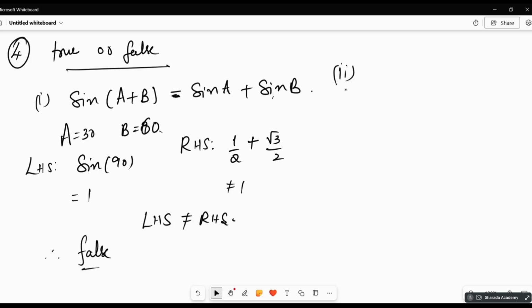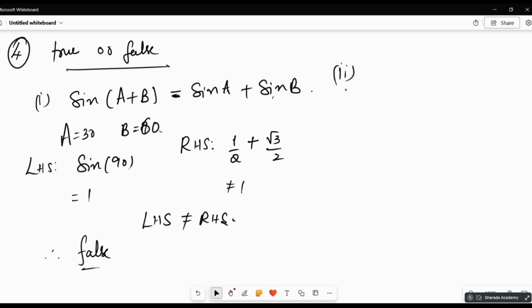True. Why is it true? What are we doing? We are doing some other subject. I have no idea. Lakshit, what will be the answer? False.